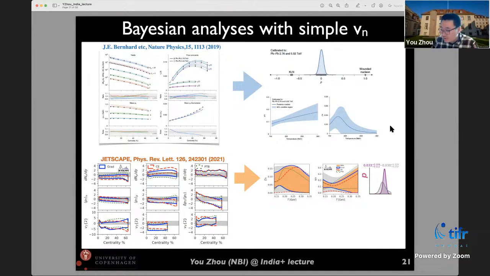When I talked to Pension and beyond this year, they have a better tune of IP-Plasma. So I think there are many developments because of the cross section. So the cross section matters, the nucleon width matters, the bulk viscosity also matters. So in the end, everything is connected. Okay, thank you.